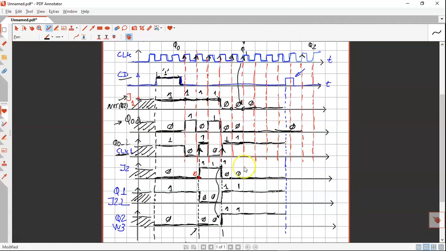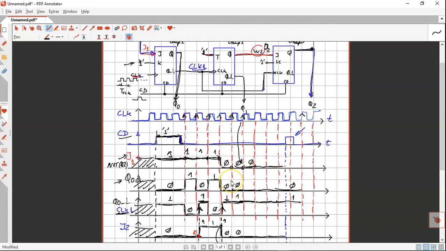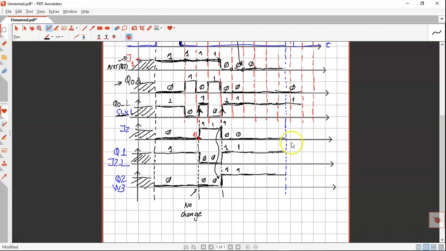Okay, so you have a 0 here. Then the Q0 not has a meaning of a 1, and then the J2 the same thing as before. So because the J2 is the output of the chip 2, it has to be 0, because it's reset, at least up to this point.